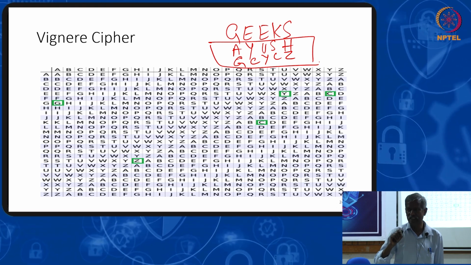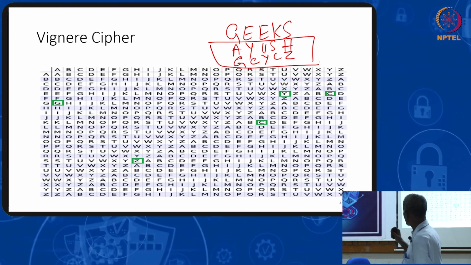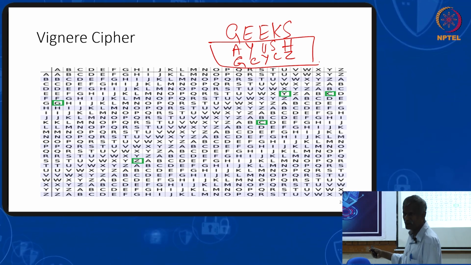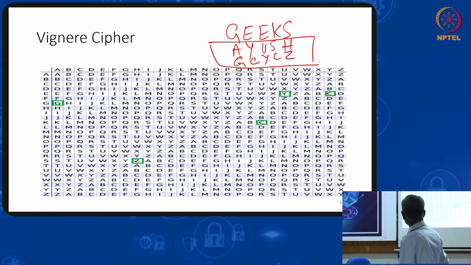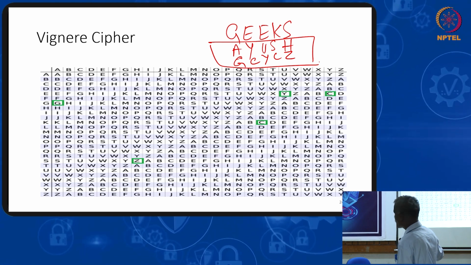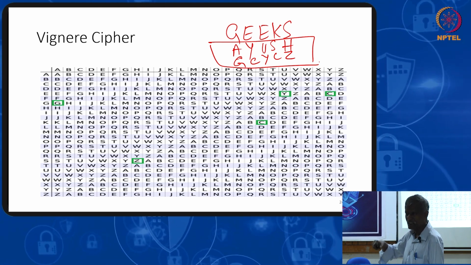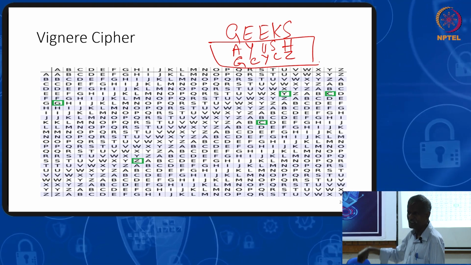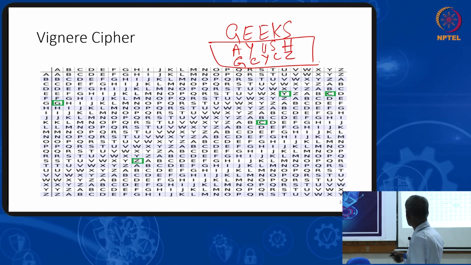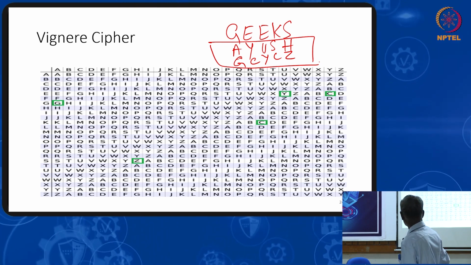You see the row from the plaintext row and the key row, where is the ciphertext found? For example, U means you have to search for which one?